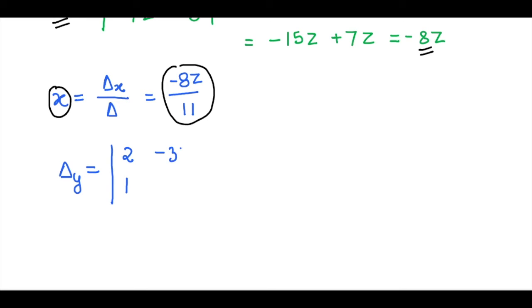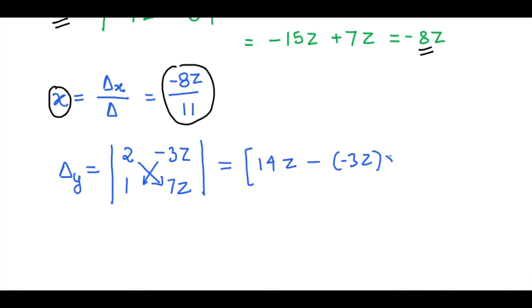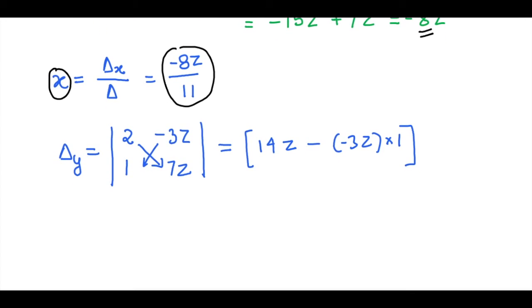Now calculate, multiply and subtract. So this will be 2 into 7z is 14z, minus -3z into 1, so 14z plus 3z, that means 17z.